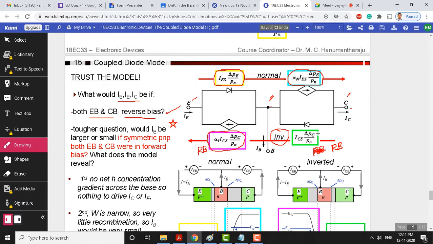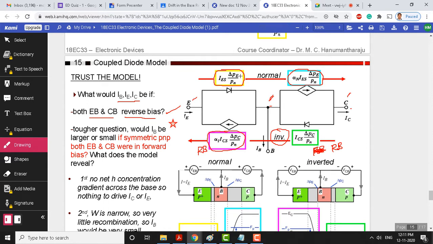Any answers? No answers? If you understood this coupled diode model, you can definitely give answers for that.